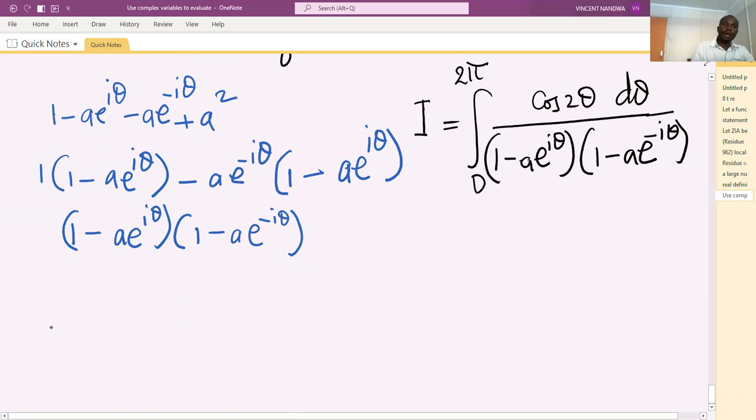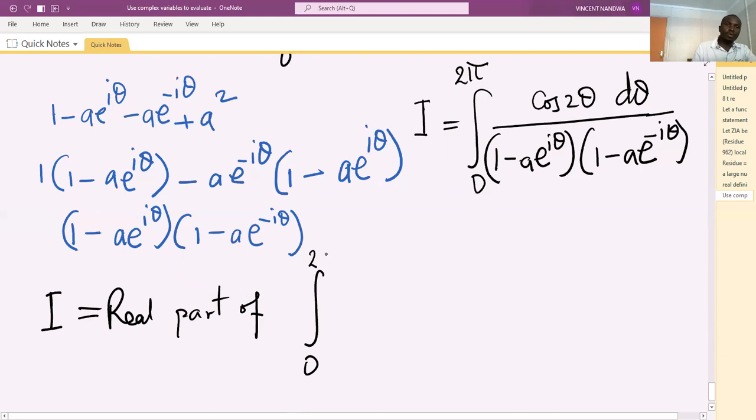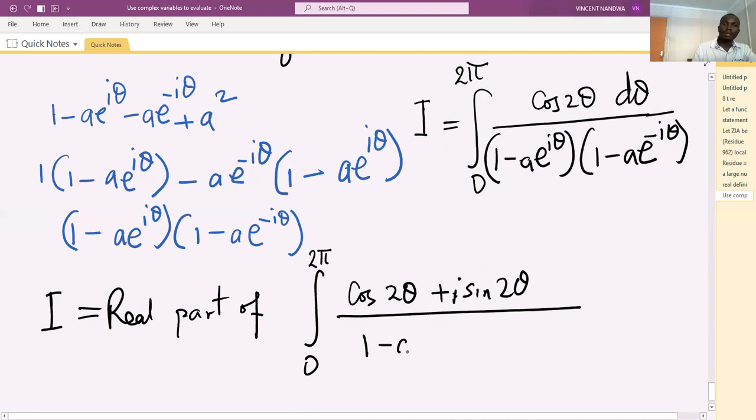So we say I would be the same as the real part of the integral from 0 to 2 pi of cosine of 2 theta, then I force an i sine 2 theta here so that I have the complex part, over 1 minus a e raised power i theta and 1 minus a e raised power minus i theta, d theta.